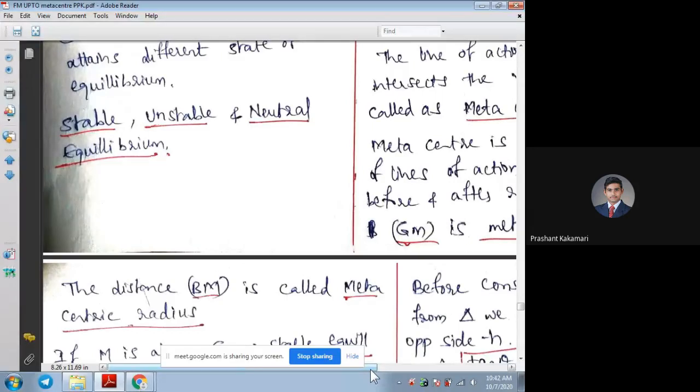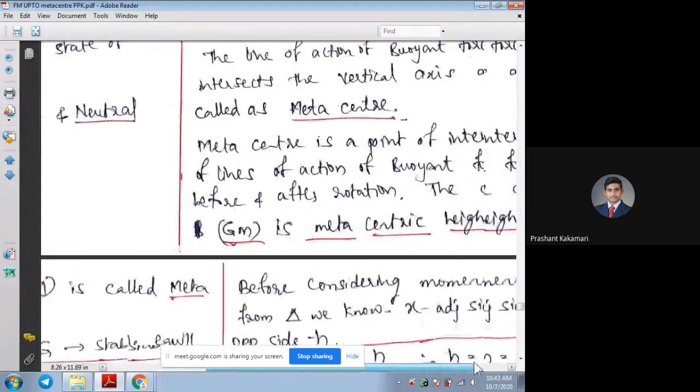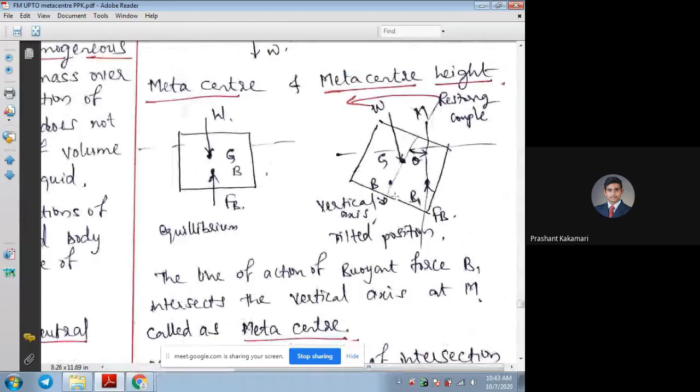And the distance between the buoyancy point, or the center of buoyancy, and the metacentric center is called the metacentric radius, because it is rotated about B as per this sketch. Okay, this is the metacentric radius. About this, it is going to rotate. And G to M is metacentric height.